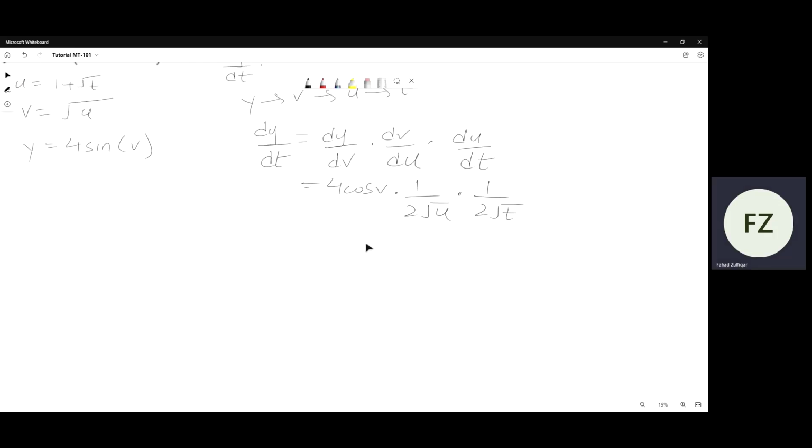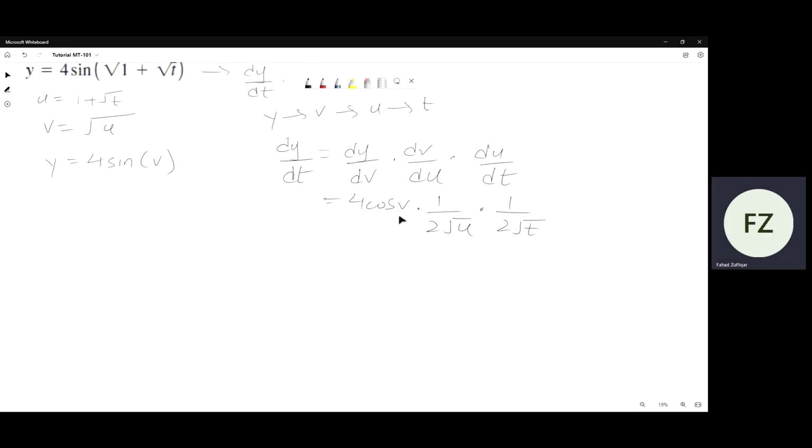Now, if we plug the terms back in, what does it become? So the 2 cancels out with 4. So we're left with cos of v dot 1 over under root u dot 1 over under root t. So what is cos v? Cos v is actually cos of under root u, and under root u is under root of 1 plus under root t.